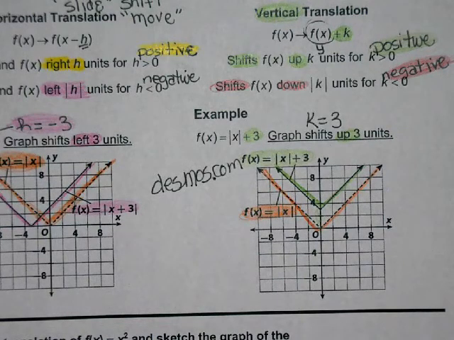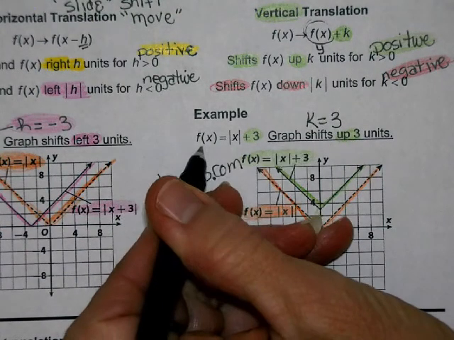You can do that with a V, a line, a curve, anything. Any graph you transform, you can look at what it originally started with, that's the parent function, and then either you're messing with the x or you're messing outside the x story, i.e. you're messing with the y.